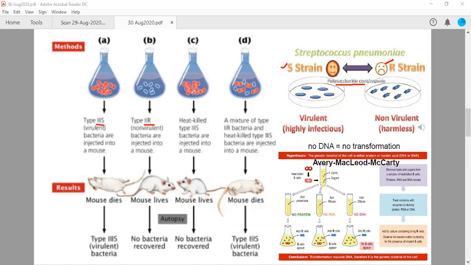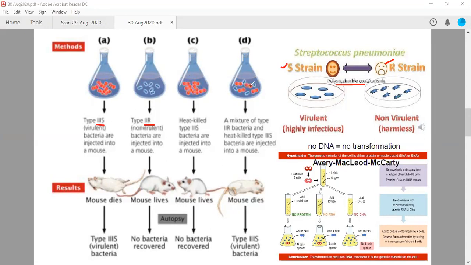If you heat kill the 3S strain and then inject it into the mice, they will survive, because it will disintegrate all the cells and the DNA will come into the solution. So nothing will happen to the mice. If you do an autopsy of the mice, you will recover no bacteria, because the bacterial cells will be disintegrated after heating.